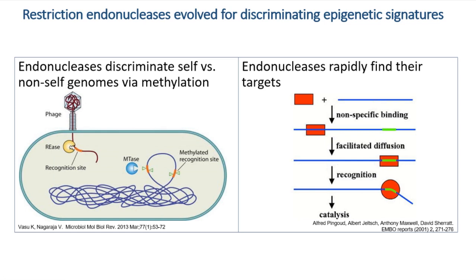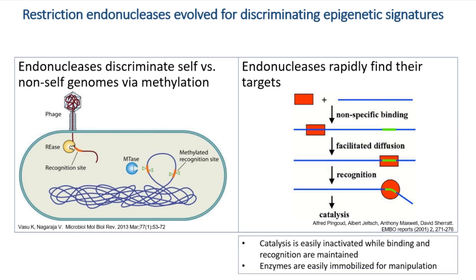So what this group needs to know is that catalysis is actually very easy to inactivate, while the binding, diffusion, recognition are all easily maintained. And the enzymes are actually also easily manipulated. For instance, you can biotinylate them and add them to streptavidin beads, magnetic beads.